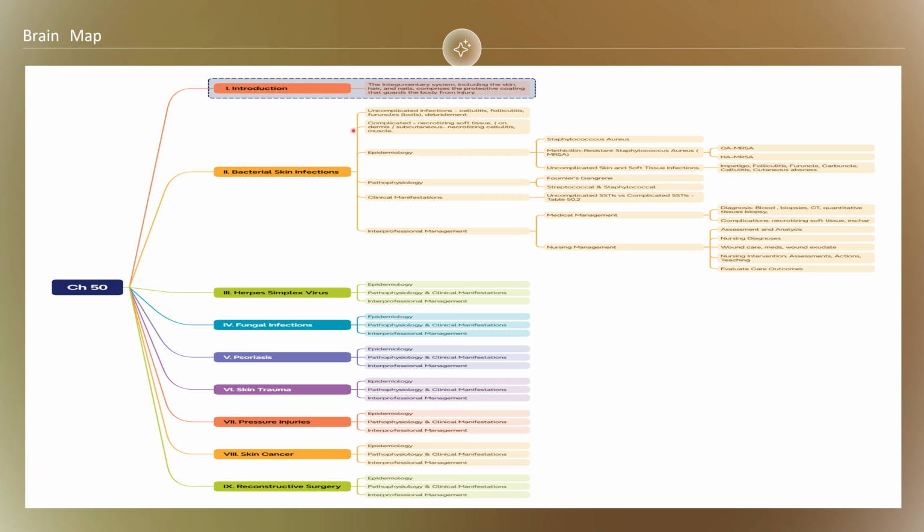We have bacterial skin infection with epidemiology, complication, pathophysiology, clinical manifestation, and management with medical and nursing management, and they're all subcategories. For each of them we have a little one like a flashcard. We call it the flashcard of a disease.